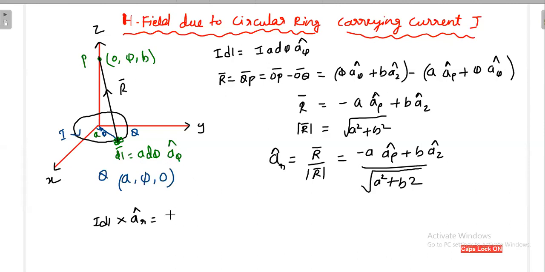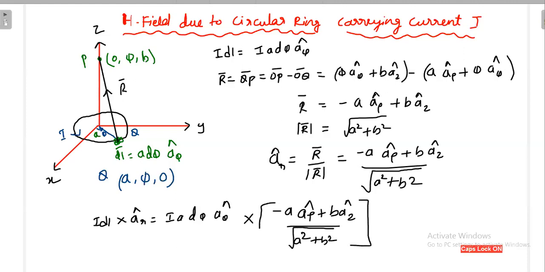So I a dφ a_φ cap cross product with minus a ρ cap plus b a_z cap, divided by the square root of a square plus b square. So you have to cross a_φ with a ρ cap, and a_φ with a z cap. The order is ρ, φ, z. Again, φ cross ρ is minus z.